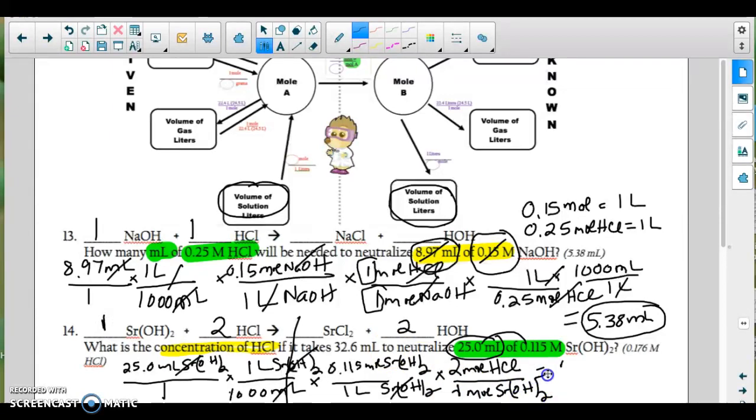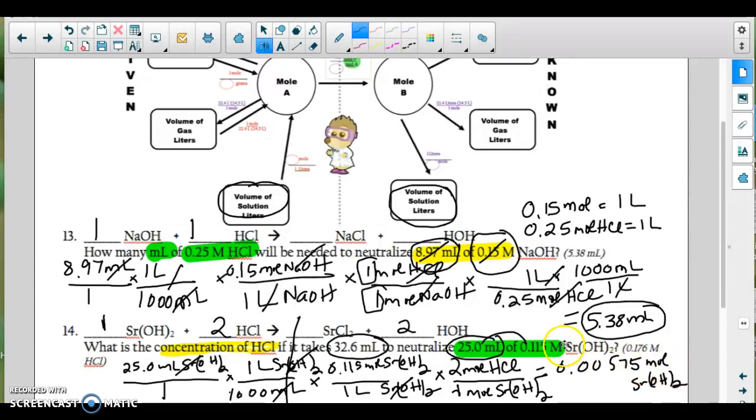Now I'm going to stop and get my moles, because they want molarity, and molarity is not something I can directly convert to. But if I have the moles and the liters, then I can calculate molarity. When I do this calculation, I get 0.00575 moles.